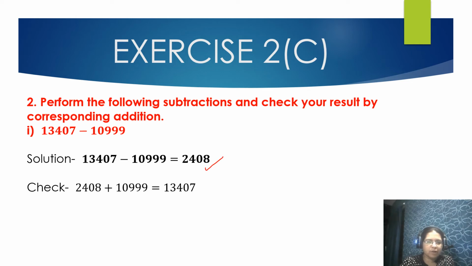Now we have to check the result using addition: 2,408 plus 10,999 equal to 13,407.